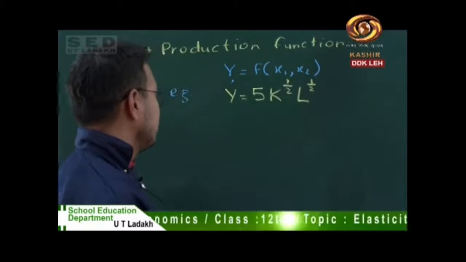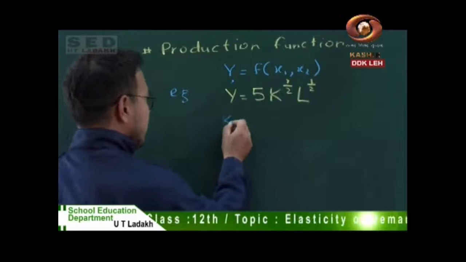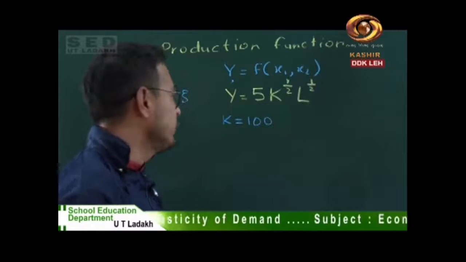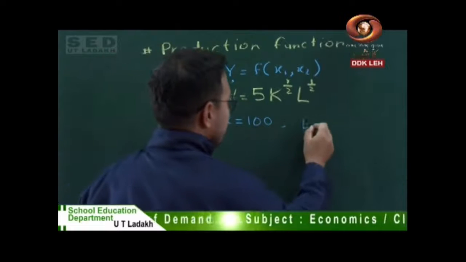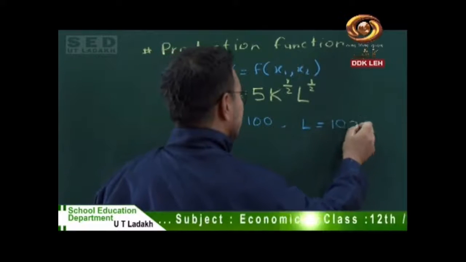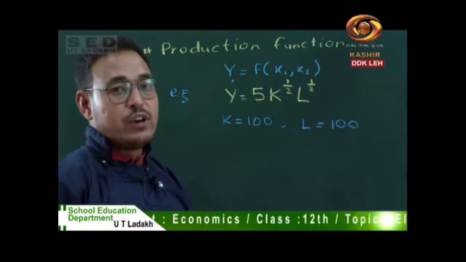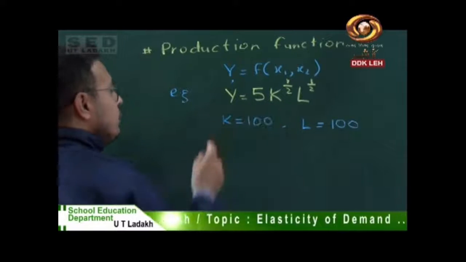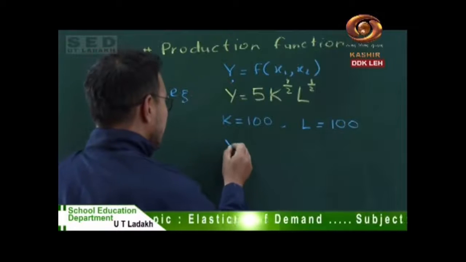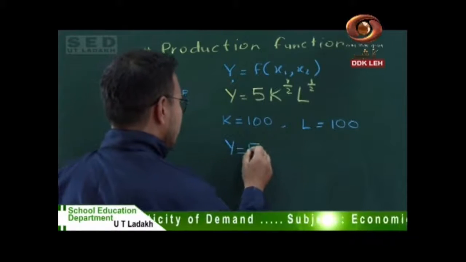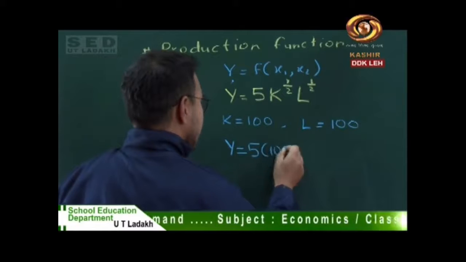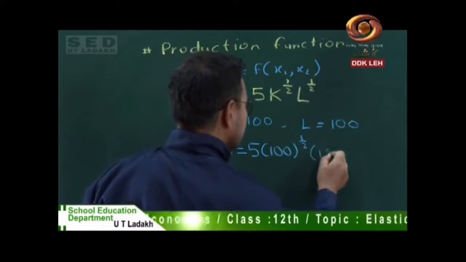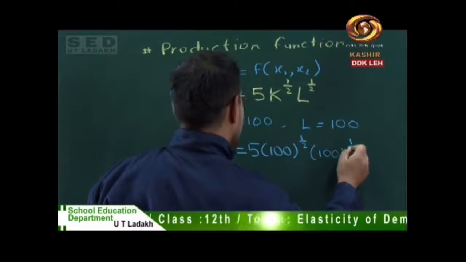We can solve it. Suppose your k is given, say k is equal to 100. You are employing 100 units of capital, and also say you are employing 100 units of labor. Now, through production function, we will look at how much the output will be. You can simply put the value over here. Simply I'm putting y is equal to 5, k is equal to 100, and also L is equal to 100, root of 100.